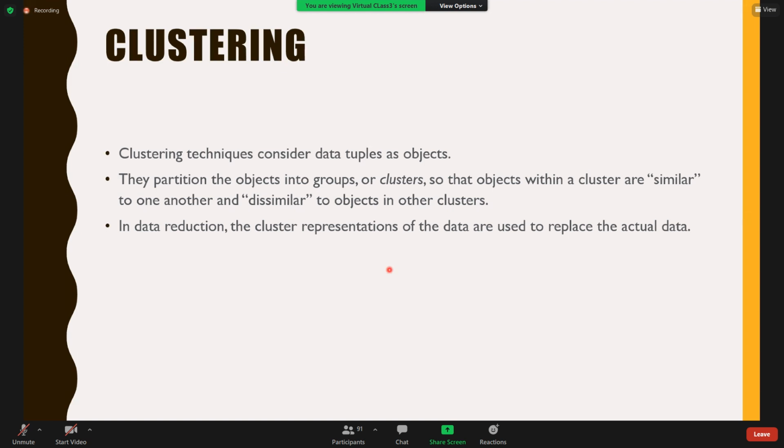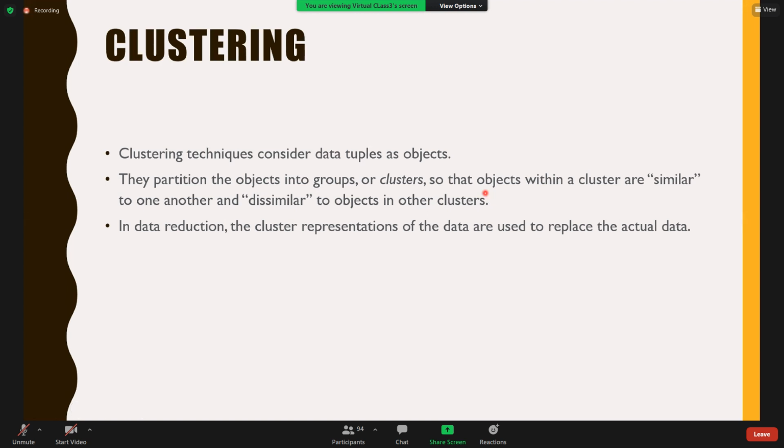It partitions the entities or objects into groups so that all the objects present within a cluster are similar to one another and dissimilar to the objects in the other clusters. So how is this used for data reduction?